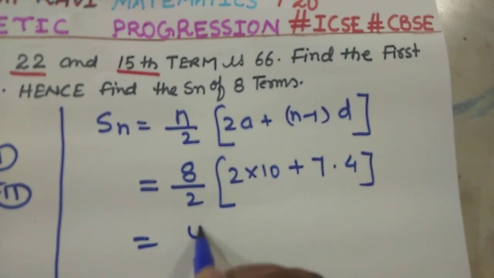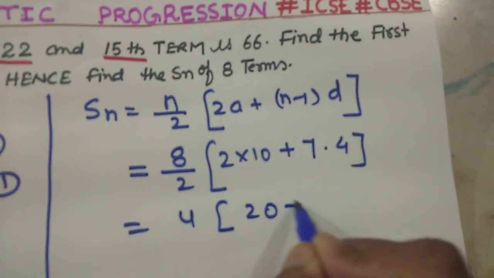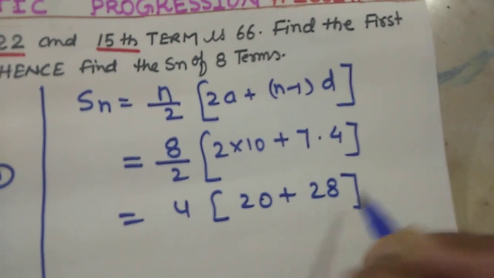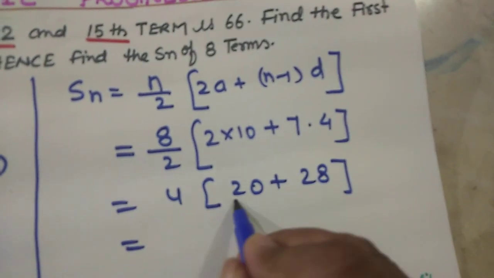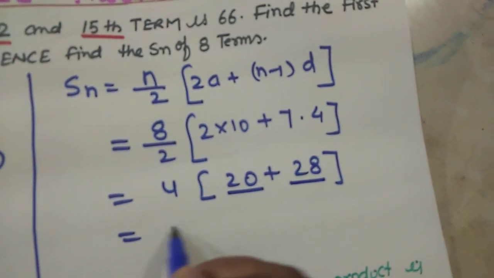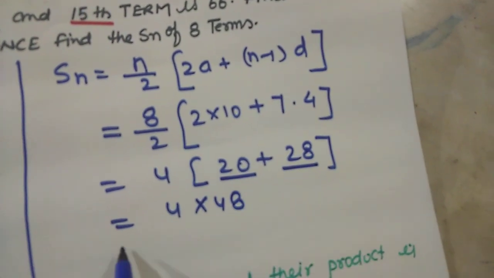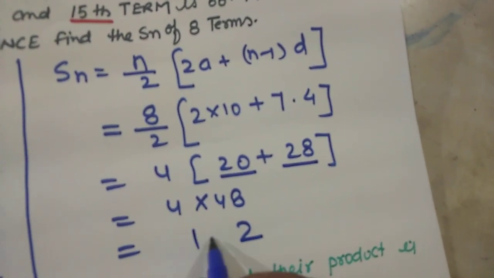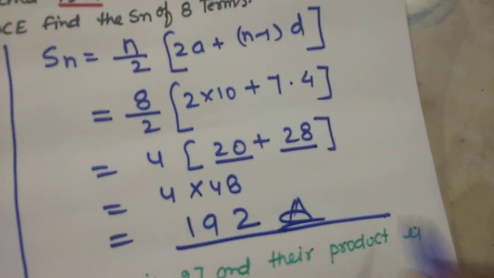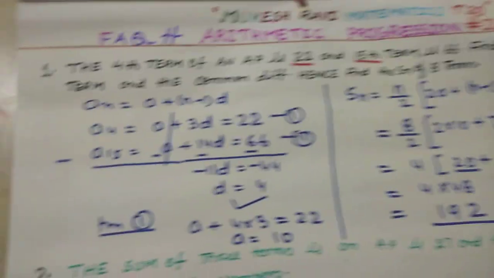So 20 plus 28, which is 48. 4 into 48, 4 eights are 32, so 192. This is your answer.